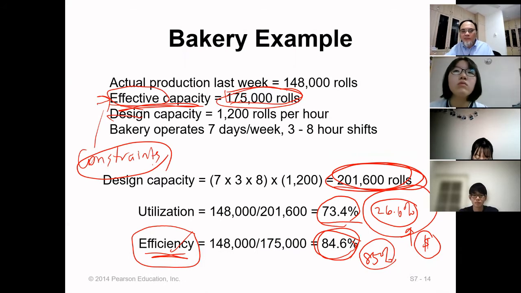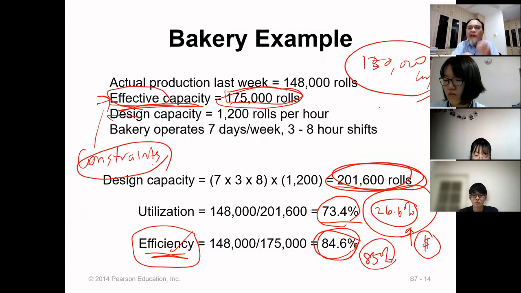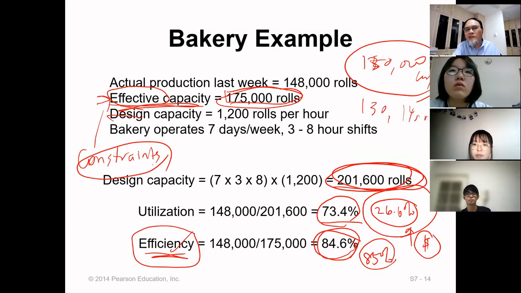Like I said just now, Proton car company design is 150,000 cars per year, but he only can achieve 130, 140,000 because of breakdown, because of plant shutdown, because of maintenance.